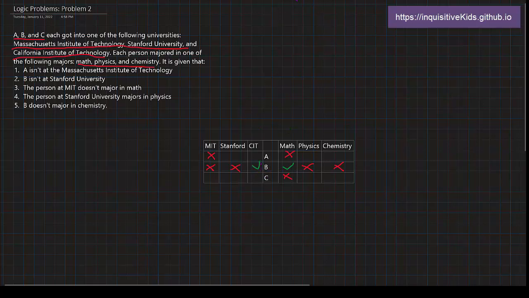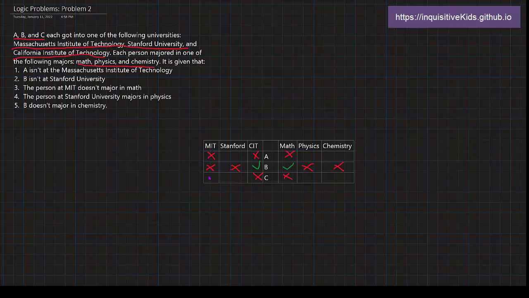All right. So if B goes to CIT, then A and C cannot go to CIT because we know from the problem that they go to separate universities. So let's look one more time.